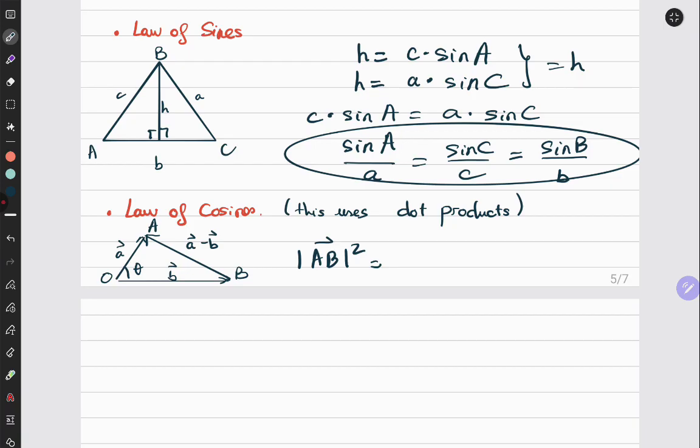We just discussed this last class. Using this for this, AB square is going to be the length of A plus the length of B square minus 2 times A, B, and the cosine of this angle.